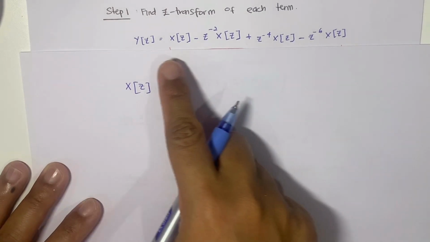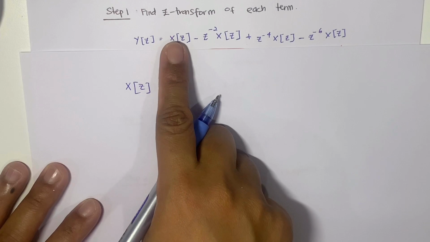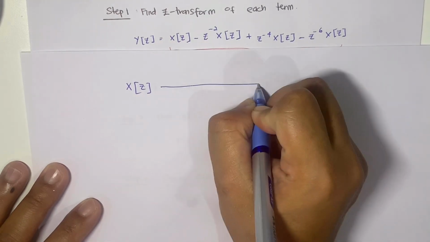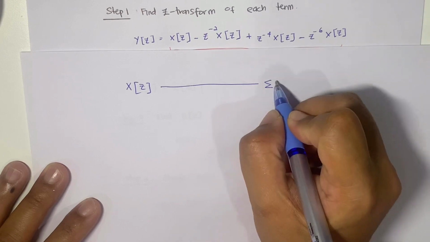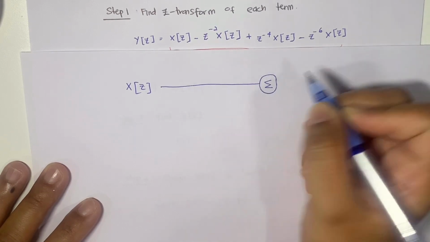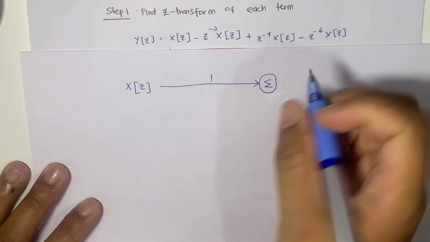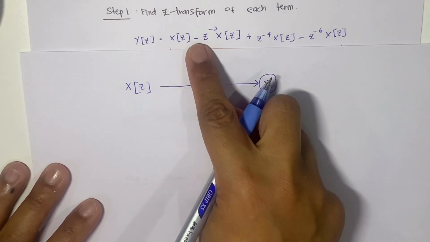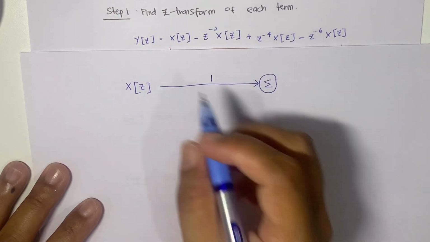We know that xz, the first is times 1, xz times 1. So we will do summation here. Okay, times 1. Okay, and the second term is negative 1 times z to the power of negative 2.